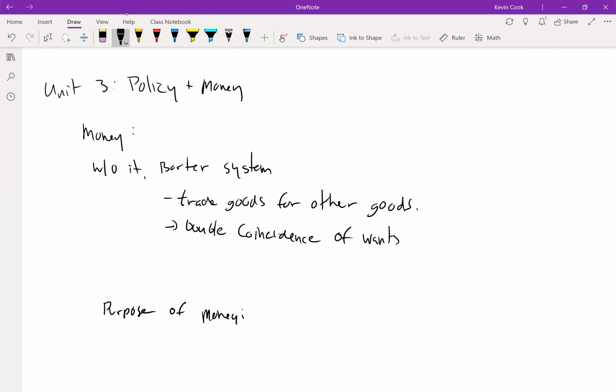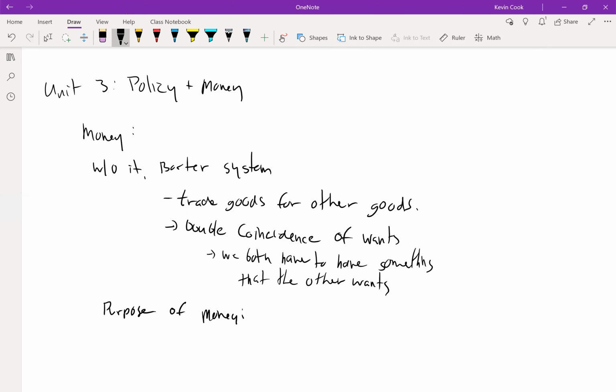And basically, the idea of this is we both have to have something that the other party wants. So the only way that the trade for my phone for your computer is going to work is if you have a computer and you need a phone, and if I have a phone and I need a computer. If that doesn't work out, this barter system will not work out.